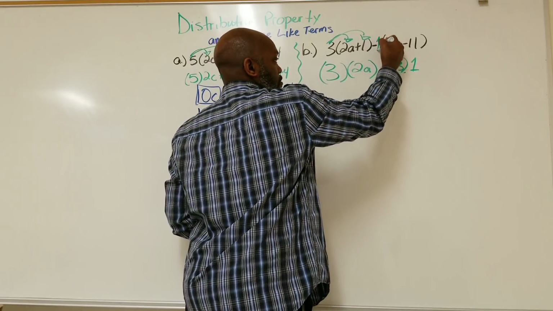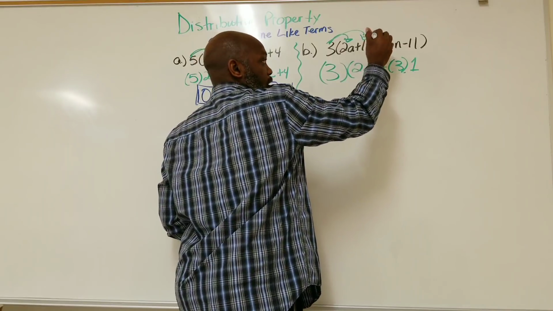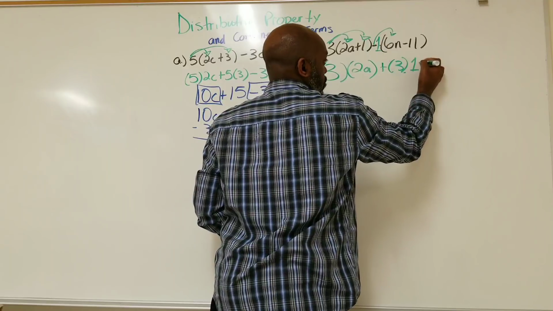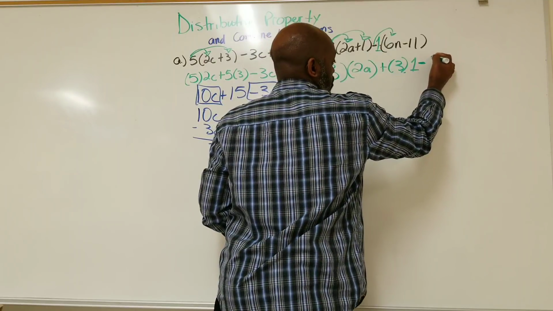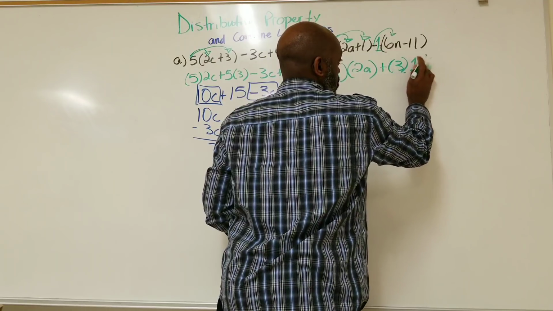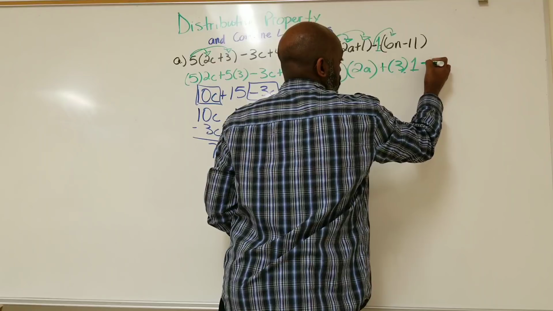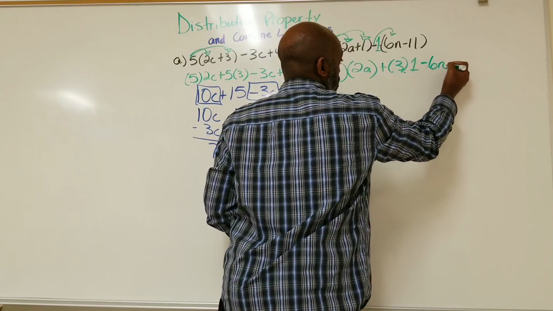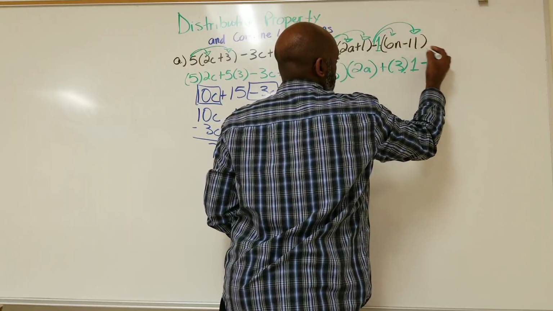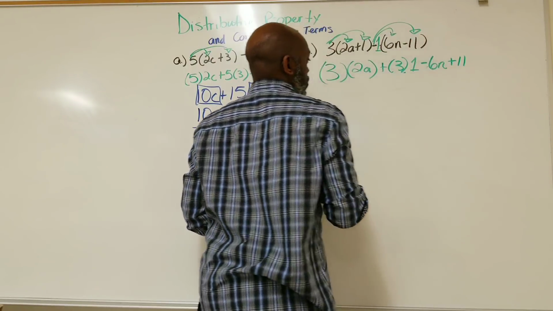Then remember, that's minus, so it's a negative 1 also, so we've got to distribute negative 1 times 6, so negative 1 times 6 is negative 6n, and then negative 1 times negative 11 is positive 11.